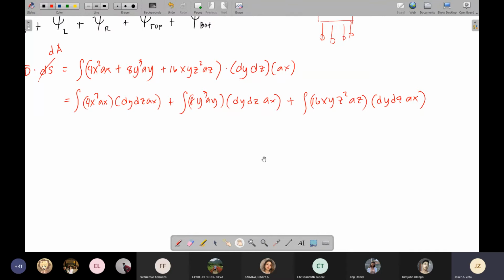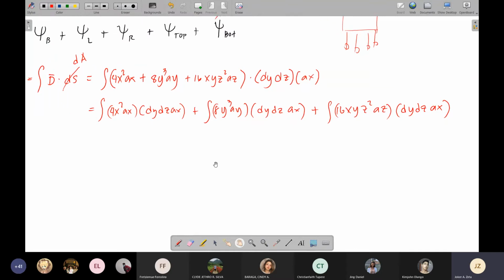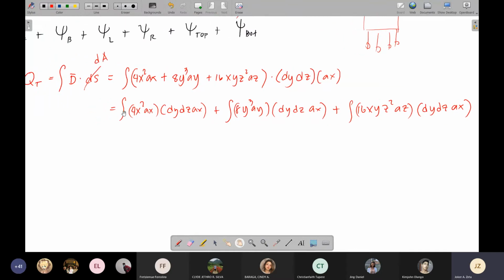Okay, now this is very simple. If we arrange everything, let's say, like at the beginning, we put the directions together. So this will become 4x squared, then dy dz, then ax dot ax.